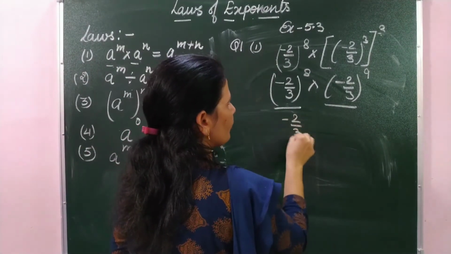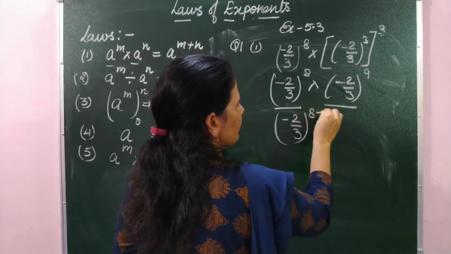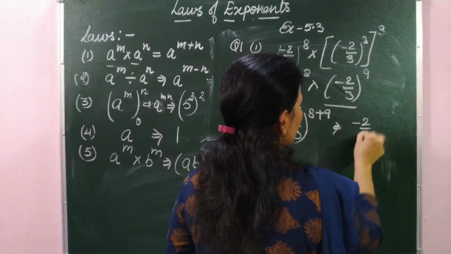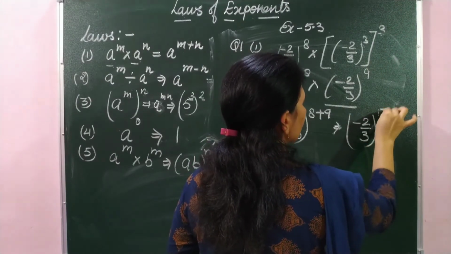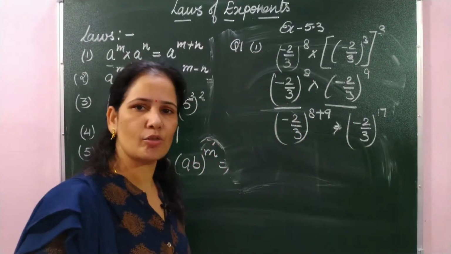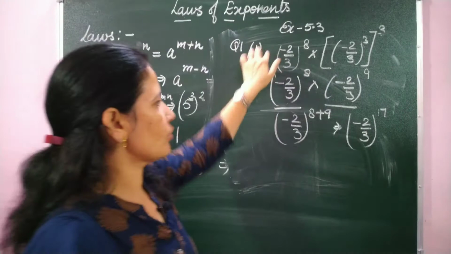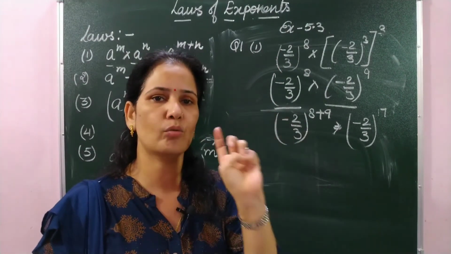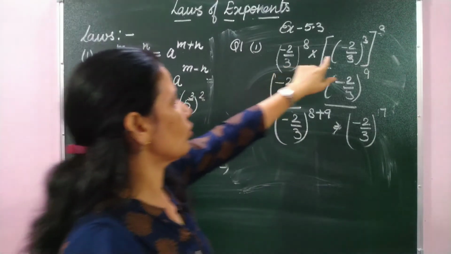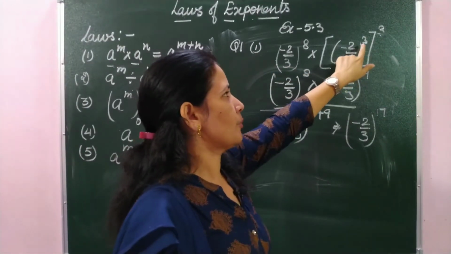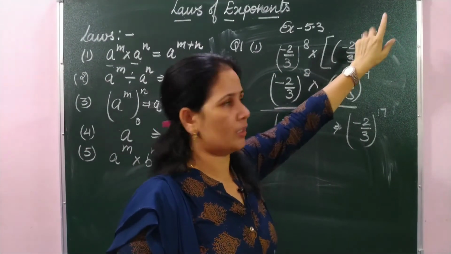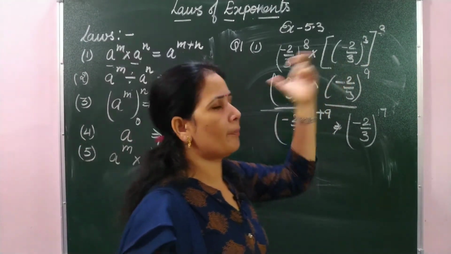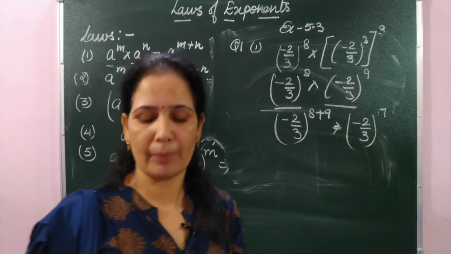So minus 2 by 3, 8 plus 9. Now the answer is minus 2 by 3 raised to the power 17. Understood this one, friends? Here in this question we have applied two rules, rule number 3 and rule number 1. According to rule number 3, the exponent has the power of the power, and in the first rule the bases are the same but the powers are different and we multiply them.